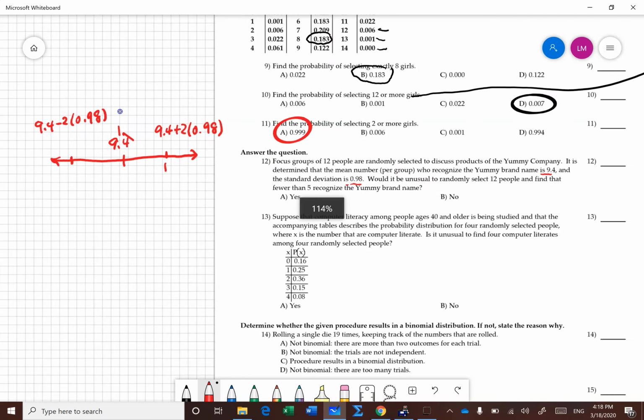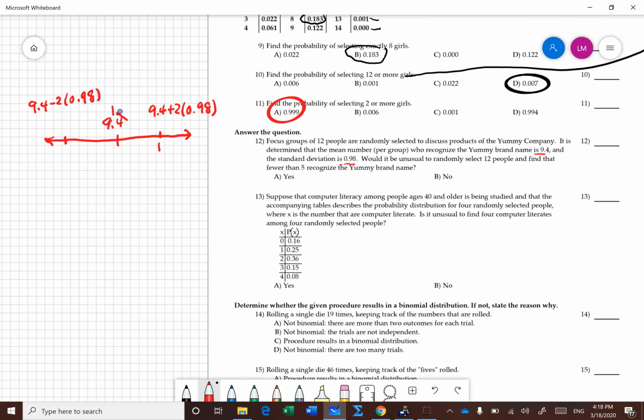So this is 11.36, and this point is 9.4 minus 2 times 0.98, which is 7.44. Now they're asking about fewer than 5. Where is the 5? If I extend a little bit more here, 5 is way over here.